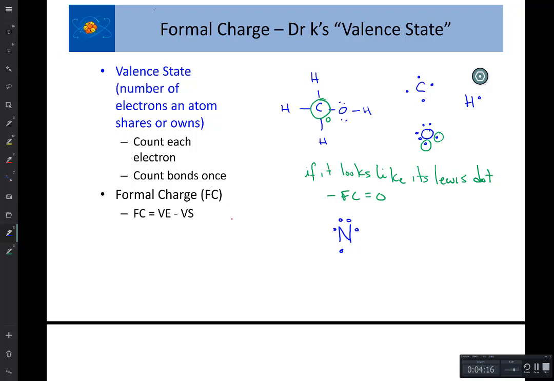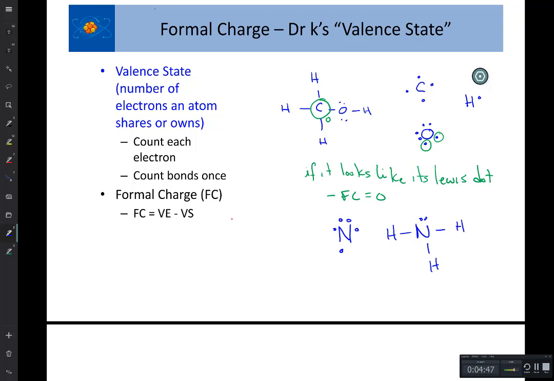A lone pair, 2 electrons in a lone pair. So nitrogen, like in ammonia, for example, will look like this. All right, formal charge is 0, because it's got 3 bonds and a lone pair. So that's a very quick way to tell if the formal charge is going to be 0.